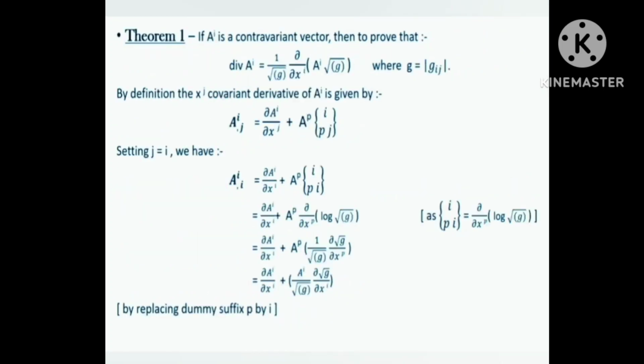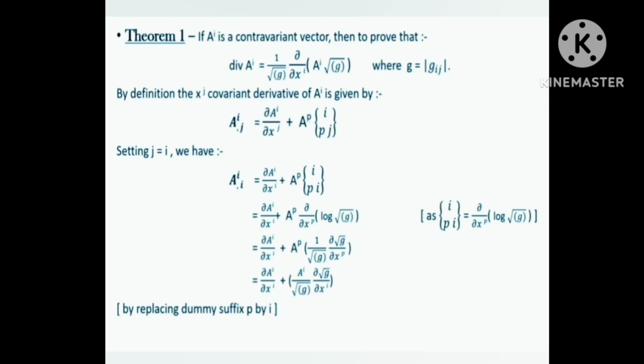Now theorem 1. If A^I is a contravariant vector, then prove that div A^I is equal to 1 upon root g, del upon del x^I of A^I root g, where g is equal to mod g_ij.